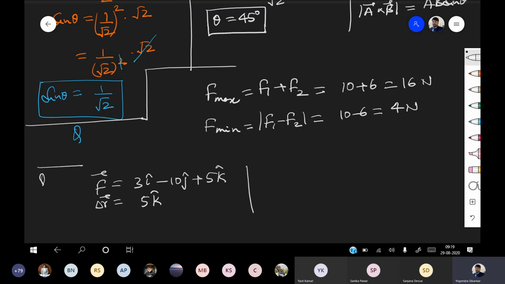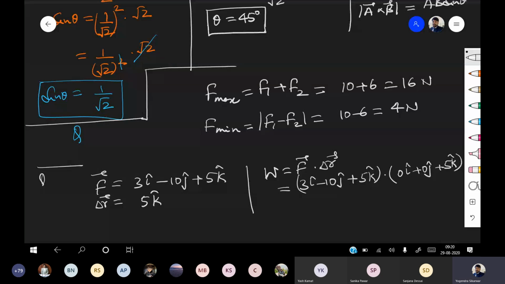So work done is how much? So W is equal to f vector dot delta r vector. So 3i minus 10j plus 5k dot 0i plus 0j plus 5k. Okay.